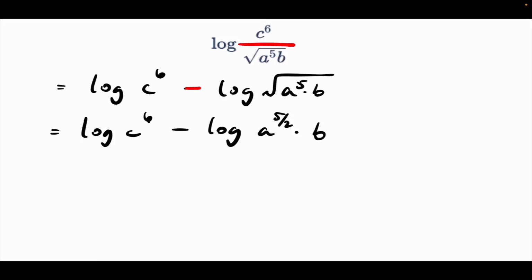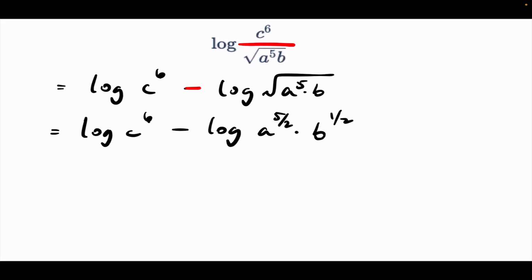What power does B have? 1 over 2. No more root. But I still have multiplication. So I'm going to use the product property to break those guys up.